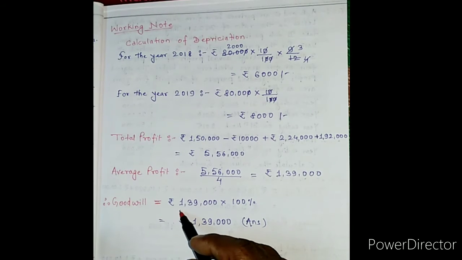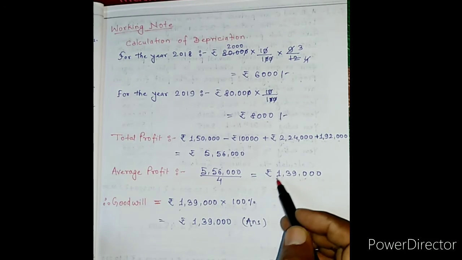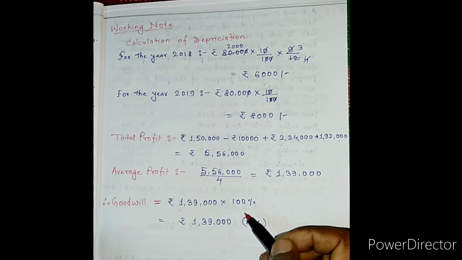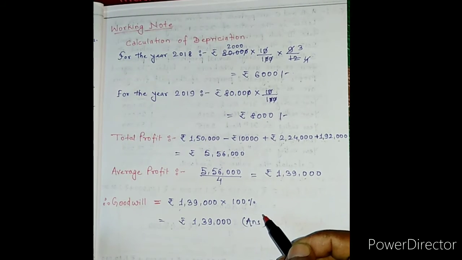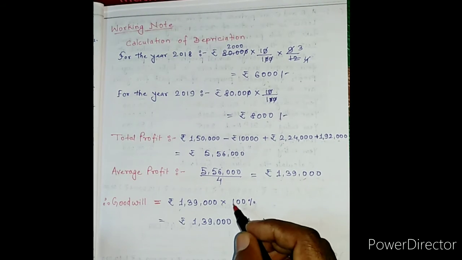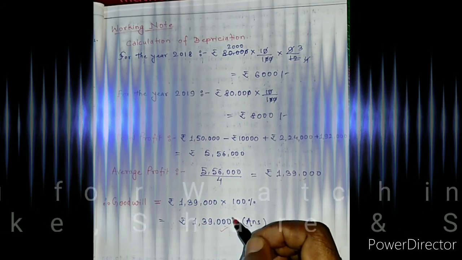So goodwill is equal to average profit into number of years purchase. In the question it was given that the goodwill is to be valued at 100% of the average annual profit. So here the average annual profit is this one, and after calculating 100% we are getting 1,39,000. So this is the goodwill.